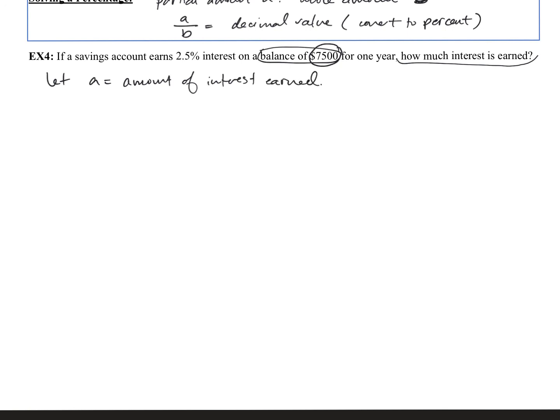Okay, so I know that the amount of interest earned divided by the total amount, which, what is the total amount? Well, that is the 7,500. Should equal the decimal value, which is 2.5%. However, we have to be careful. 2.5% can't be used in my equation.